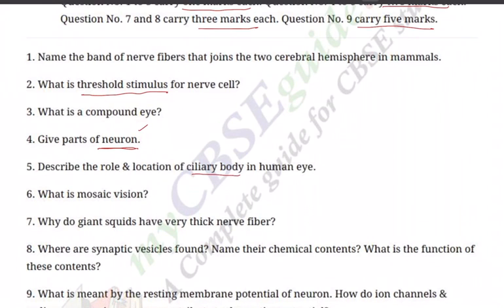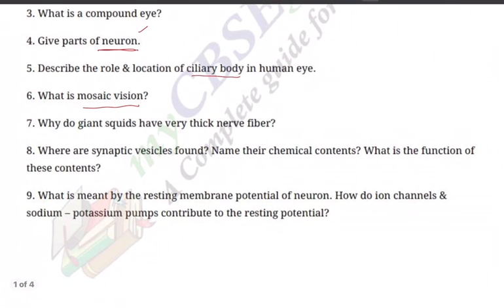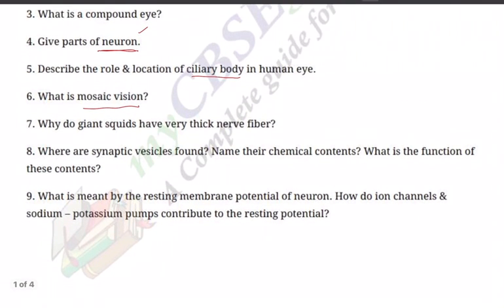Fifth, describe the role and location of ciliary body in human eye. Next, what is mosaic vision? Question 7. Why do giant squids have very thick nerve fibers? Question number 8. Where are synaptic vesicles found?